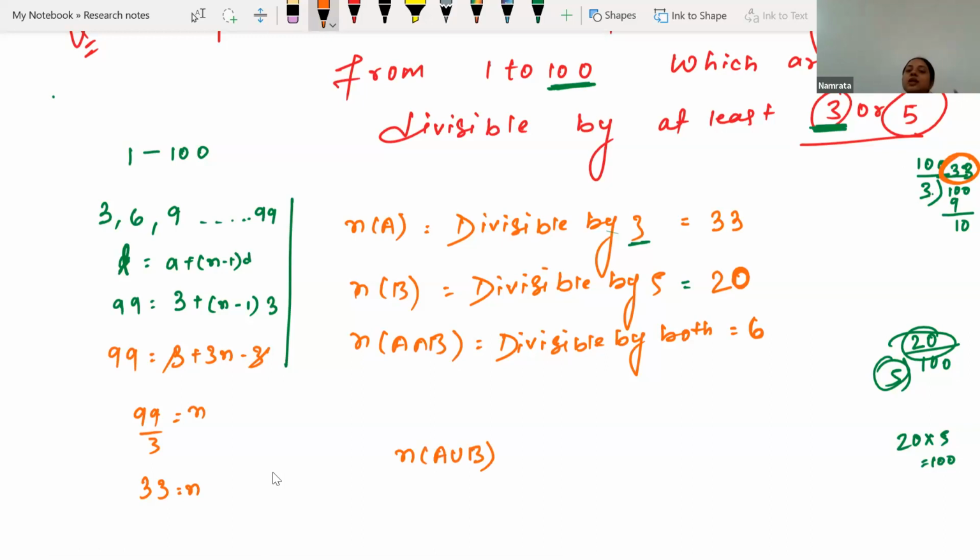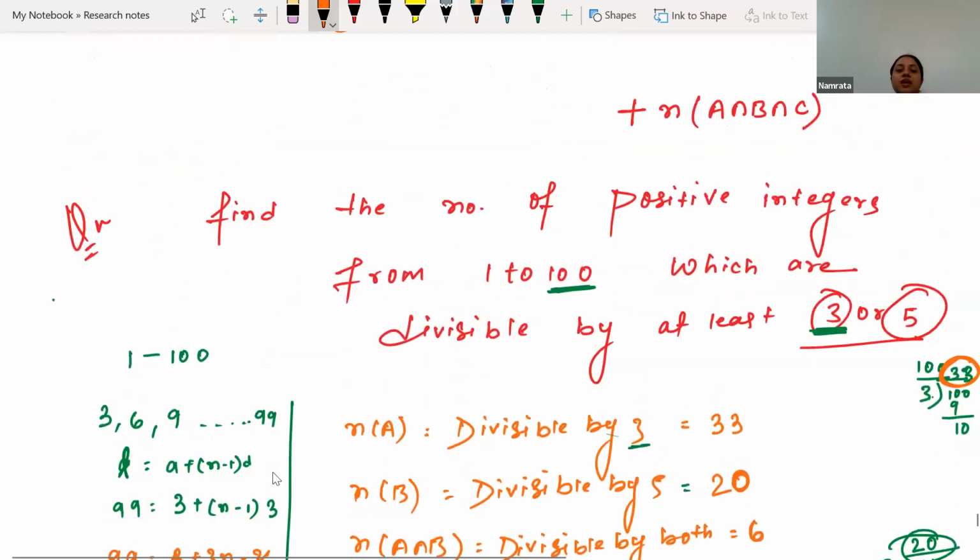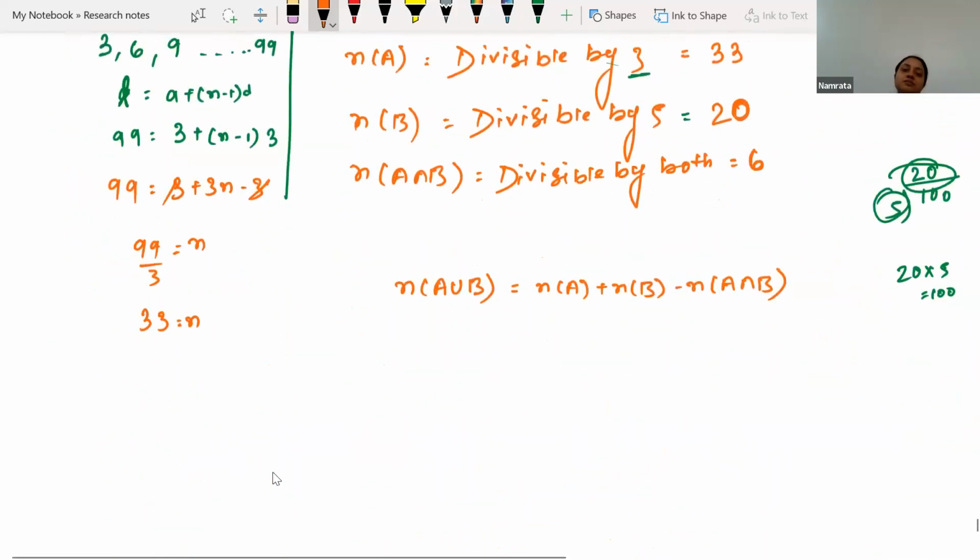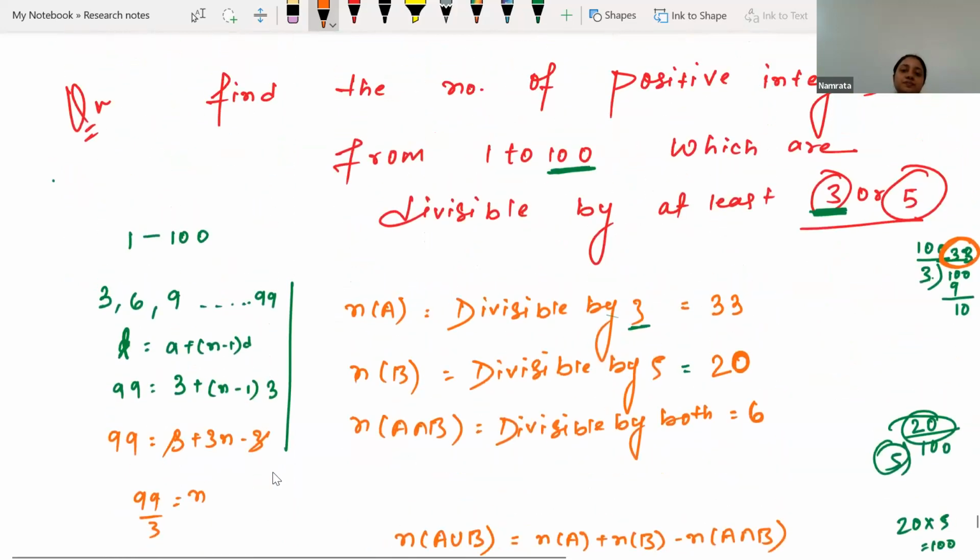A union B means elements from A, elements from B, or elements from both of them, right? Yes, ma'am. So we can apply the formula now: Na plus Nb minus N(A intersection B). And easily we will get the possible number which are divisible by 3 or 5 or both. Okay? Is it clear to you?